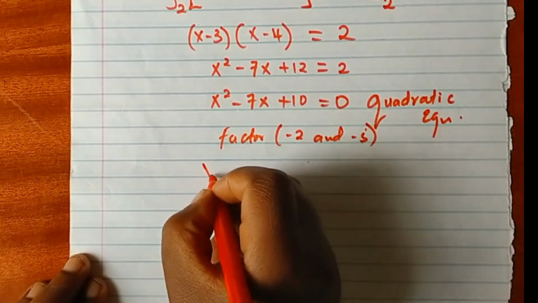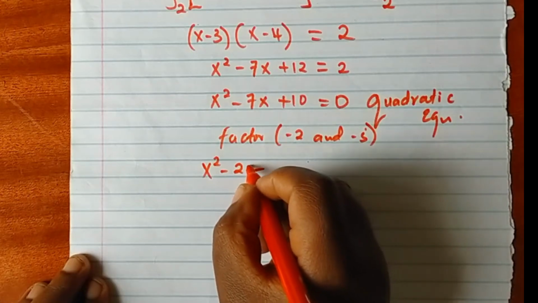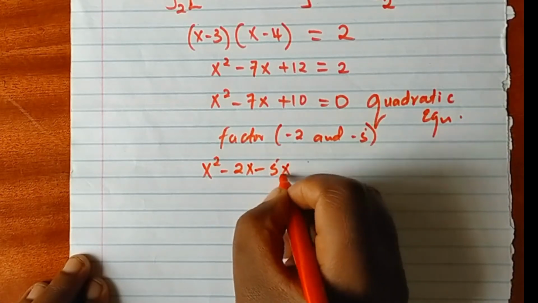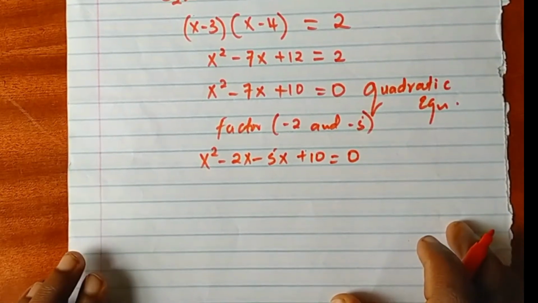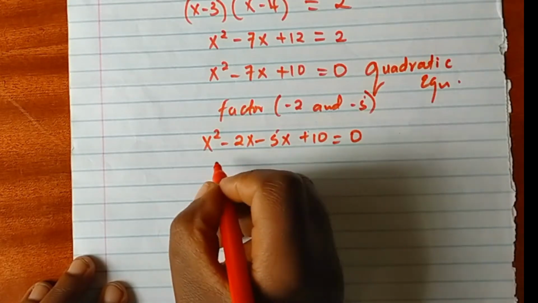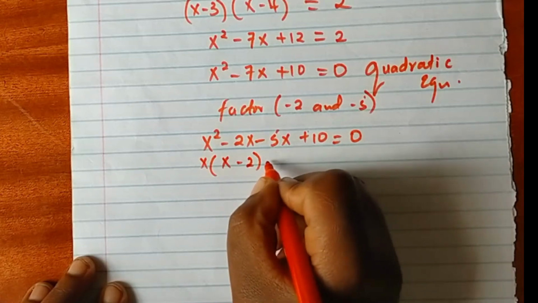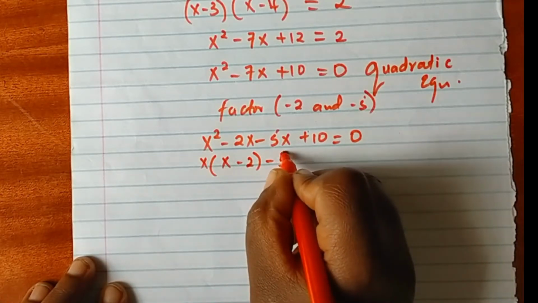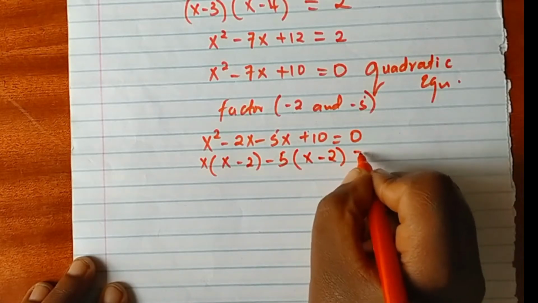So we have x squared minus 2x minus 5x plus 10 is equal to 0. Factor what is common between the first two terms: x times (x minus 2), minus 5, which is common between the last two terms, times (x minus 2), is equal to 0.